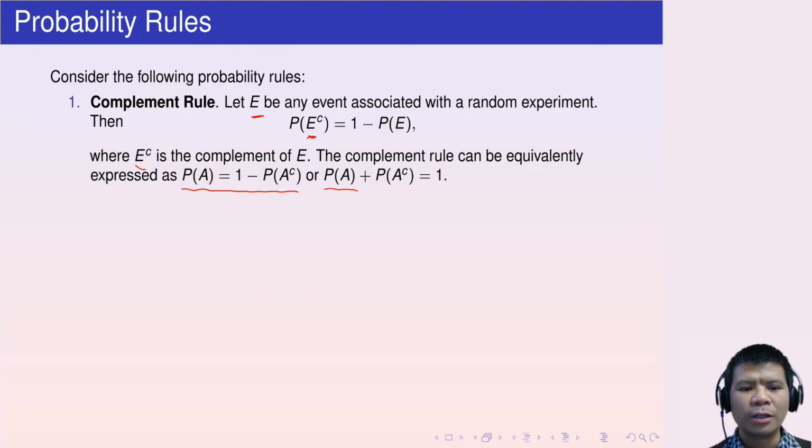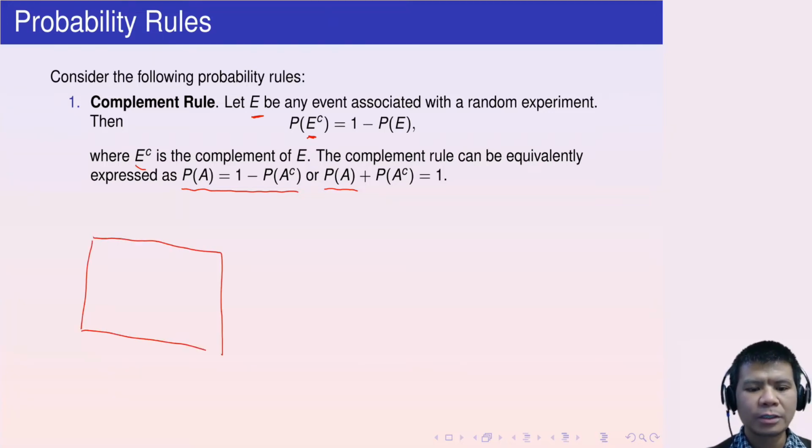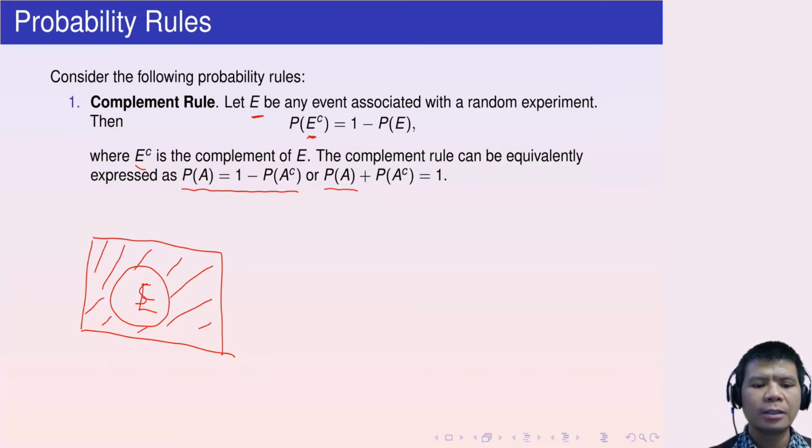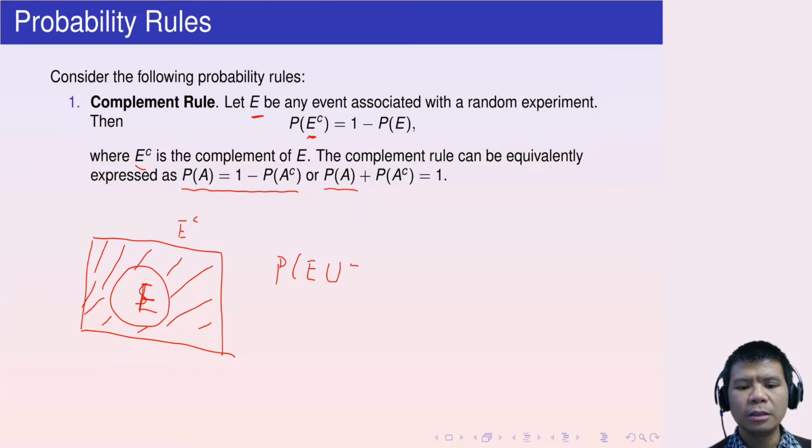This complement rule can be seen in the Venn diagram. Say this is my E, then everything else outside that is going to be E complement. So the probability of E union E complement is going to be everything, right?